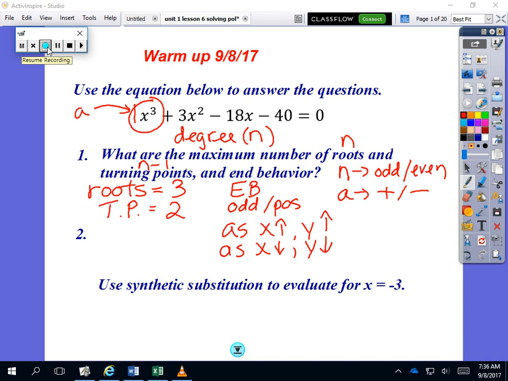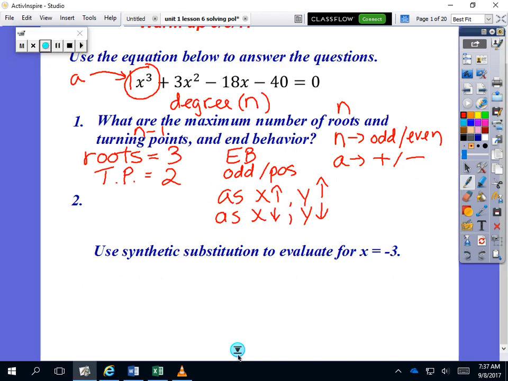Okay, and the second question on here says to use synthetic substitution to evaluate for x equals negative 3. And these were the notes from, I believe, Tuesday and Wednesday of this week, but it was the last thing we did, synthetic substitution, in those notes.